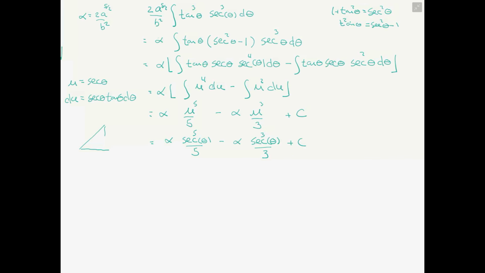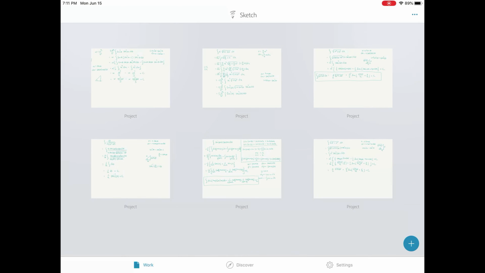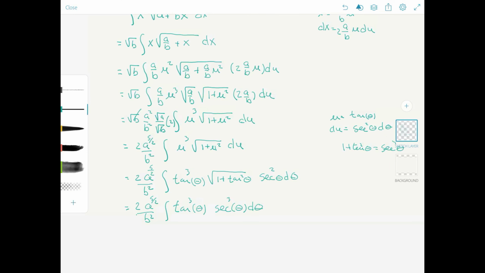Now, we have to go back to our original table. Let's go back to our original. So here, actually, we had u equals tangent theta. So we had two u substitutions.